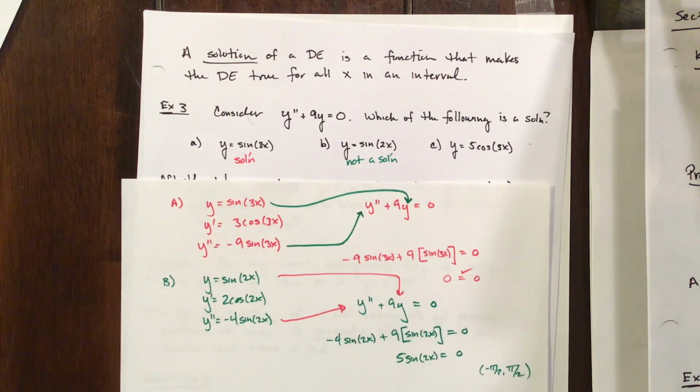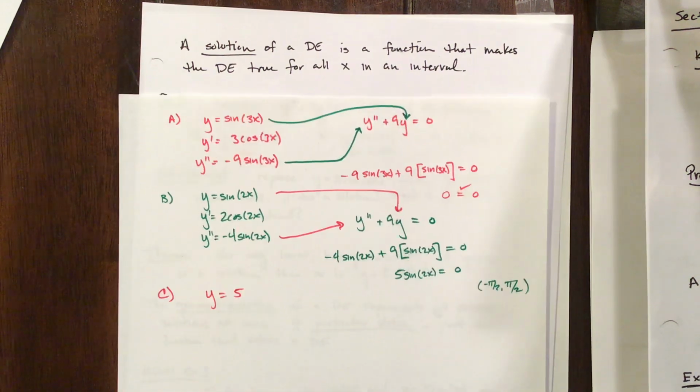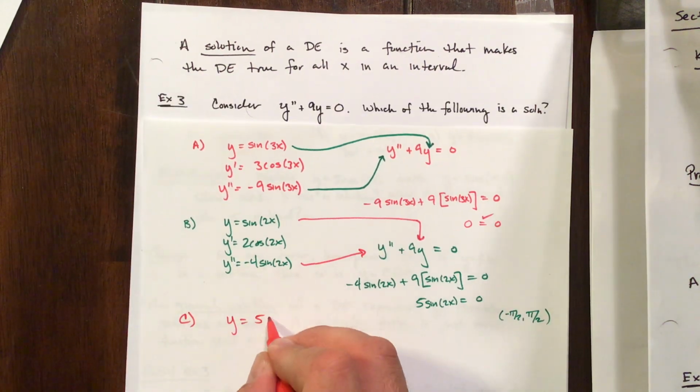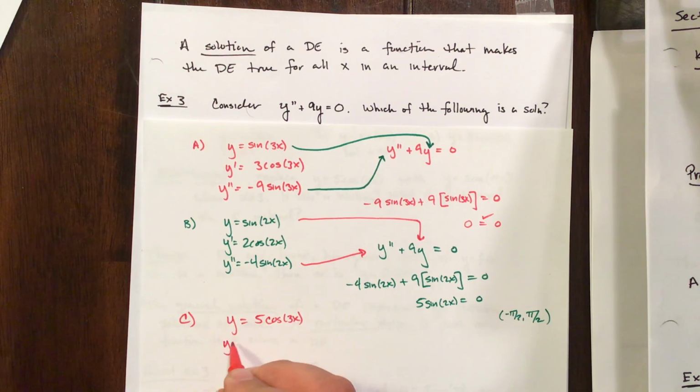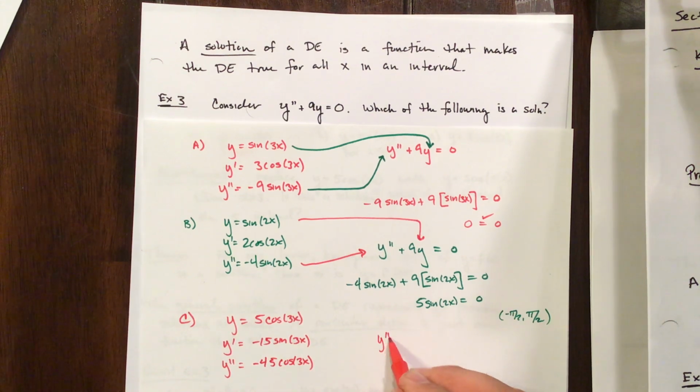What about part C? Y equals 5 times the cosine of 3x. Go through the process one more time. Y prime is minus 15 sine 3x. Differentiate that again and we get minus 45 times the cosine of 3x. We're plugging it into y double prime plus 9y is 0.